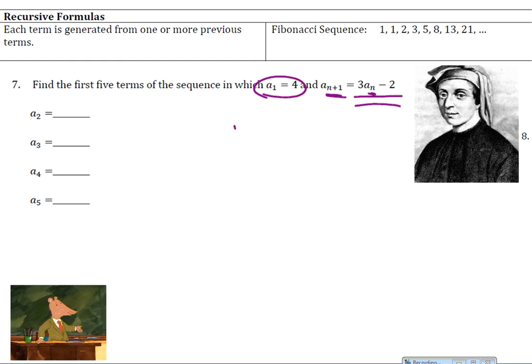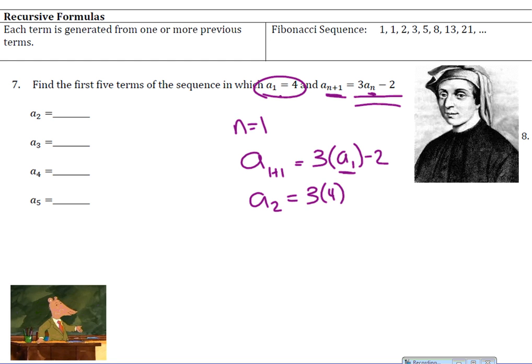So if I let n equal 1, that means to get the 1 plus 1 term, or my second term, I'm going to take 3 times a sub 1 minus 2. Well, I know what a1 is, because that tells me that right there.